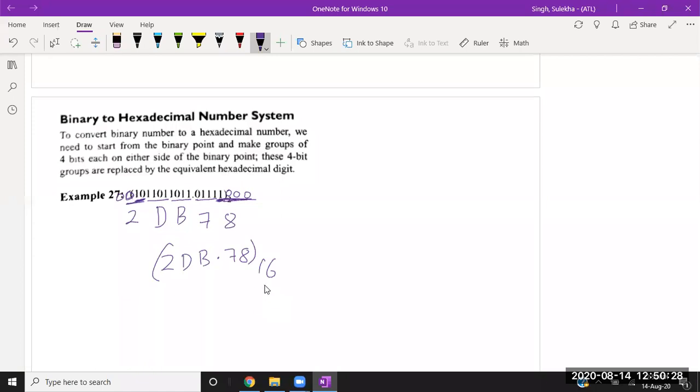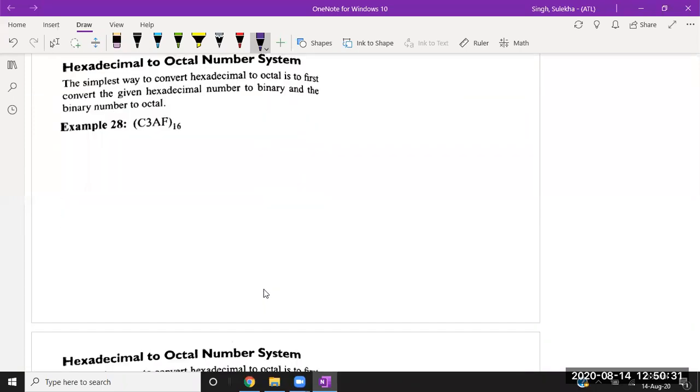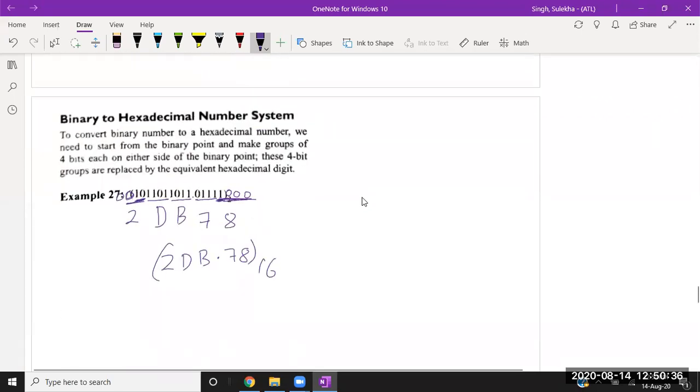Okay, convert this one. Now, what happened till this point? I told you the tricks for conversion of hexadecimal to binary, and binary to hexadecimal. In one case I also told you octal conversion into binary and binary conversion into octal.